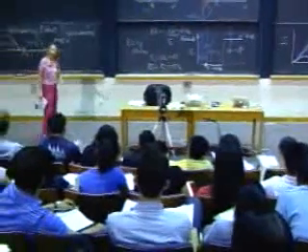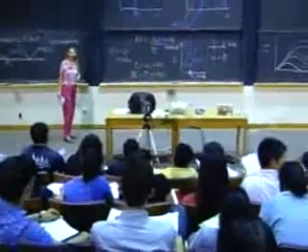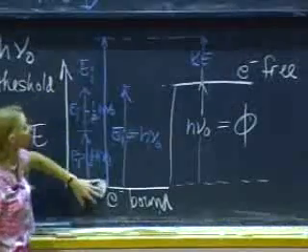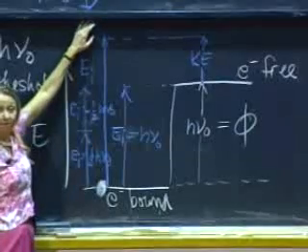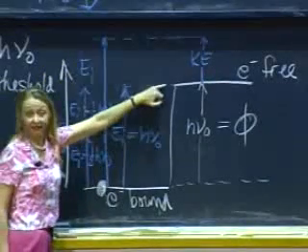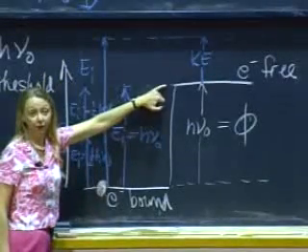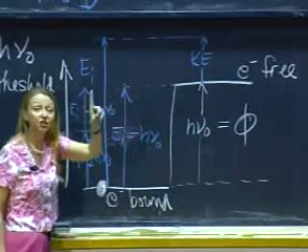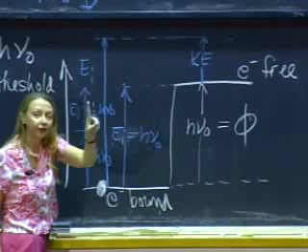In quanta of energy. And likewise, if I came in here with a photon that had twice the energy of the work function, or the threshold energy, I would still only get 1 electron off.